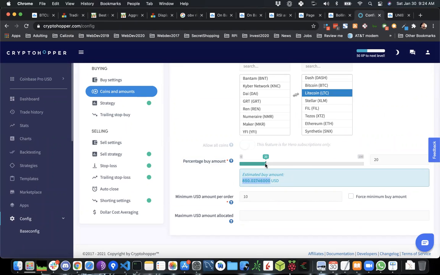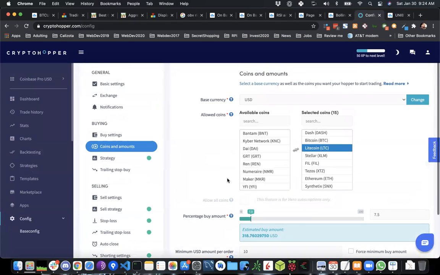And I can slide this back down to $300 if I wanted to, which is 7.5%. So 7.5% of my total holdings will be traded against any coin. So $300 at a time.